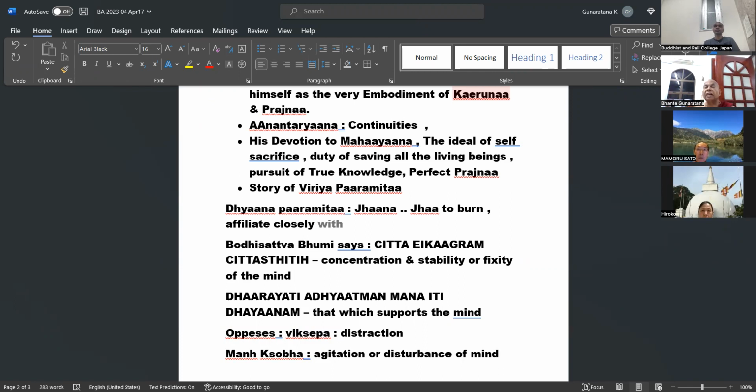This is called jhana in Pali literature. Here they didn't mention it directly, but what do you see?